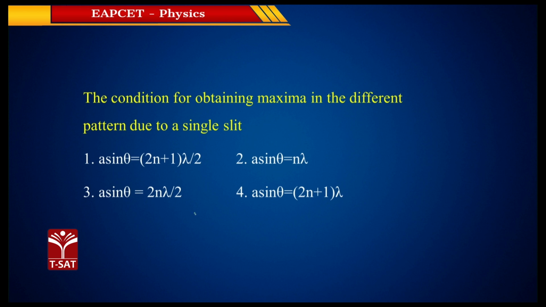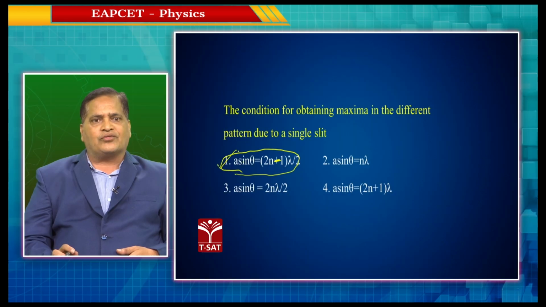Here you see children, the first option, just a correction, this is a minus, this is the formula children. Okay, small correction, this is the answer. The condition for obtaining a maxima in the diffraction pattern due to a single slit: a sin theta is equal to (2n minus 1) into lambda by 2.